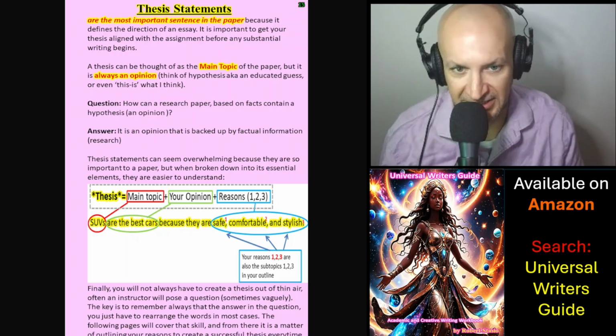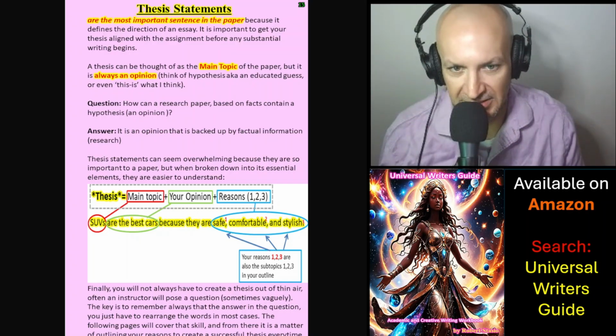So thesis statements can seem overwhelming because they are so important to a paper, but when broken down to essential elements, they're easier to understand. So your thesis is going to equal a main topic plus your opinion, and one opinion generally, and your reasons 1, 2, and 3. Okay, so in the example below, it will have SUVs in red as your main topic, and then circled in green are the best cars, right?